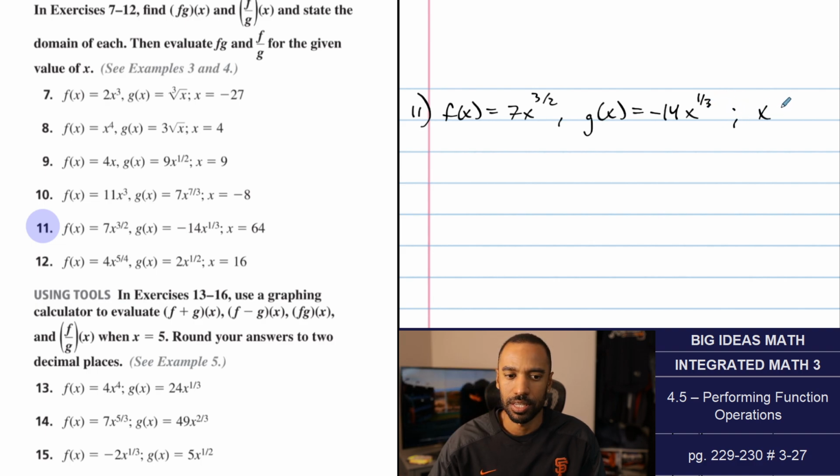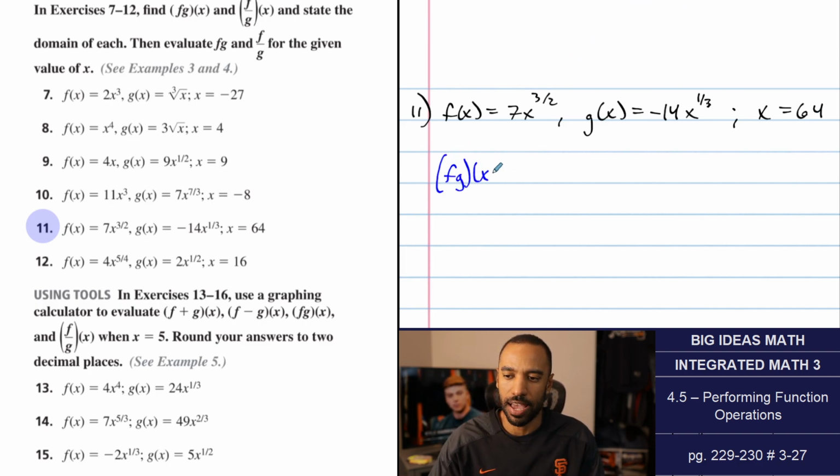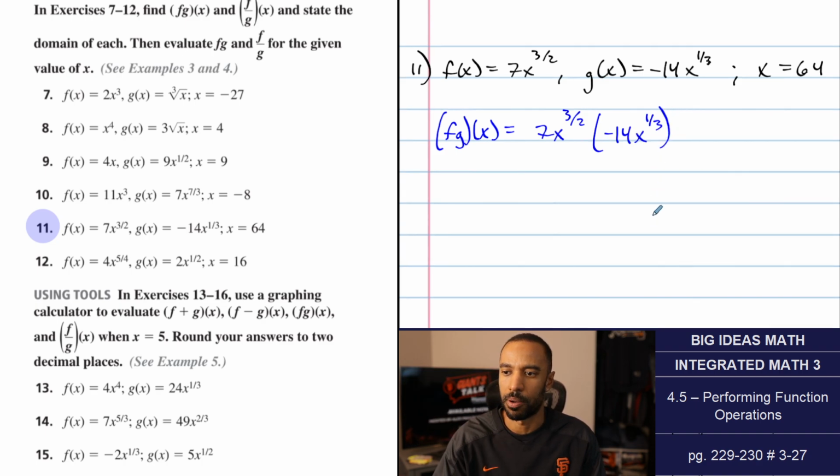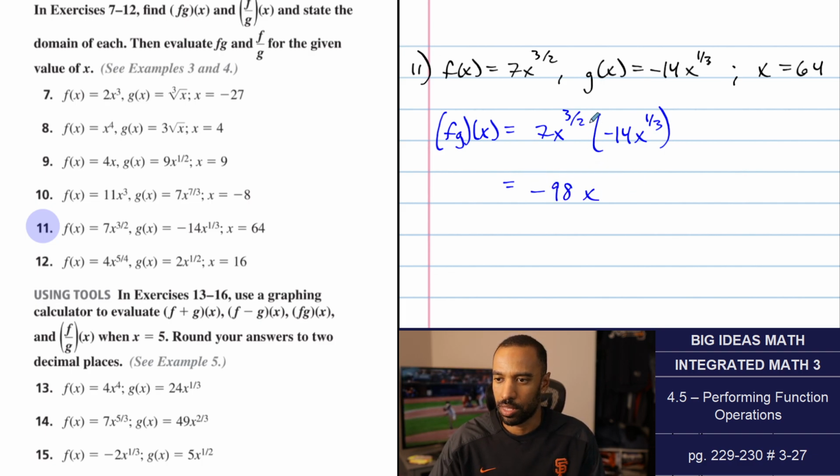And x equals 64 as a substitution, so hopefully the numbers are small. As far as multiplication goes, f times g of x equals 7x to the 3/2 times -14x to the 1/3. It's not really all that small. 7 times -14 is -98. And now they're both x's.